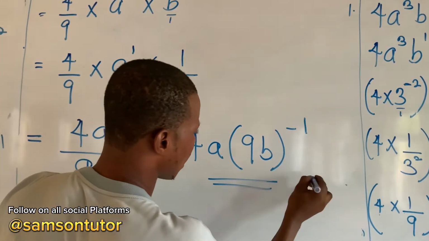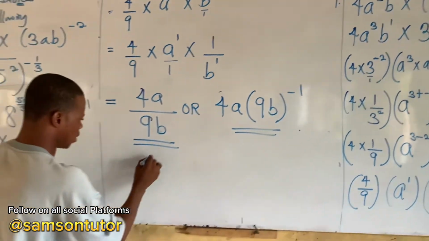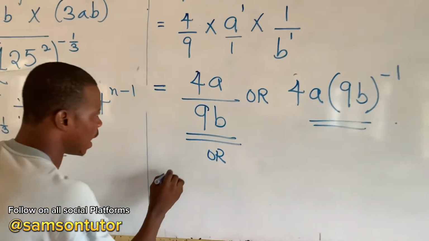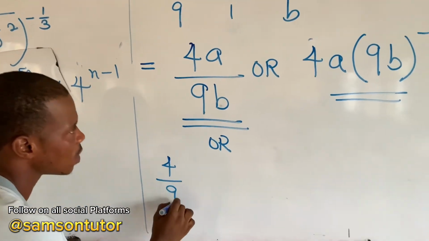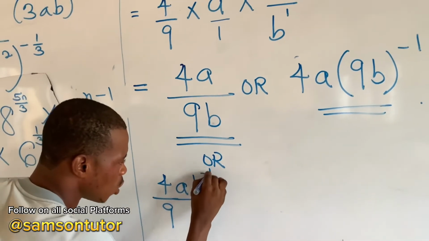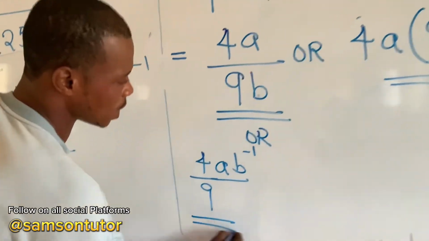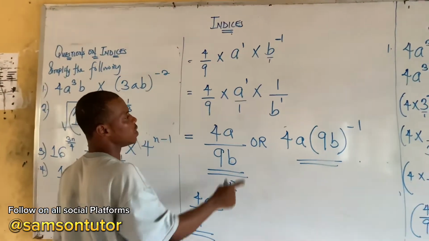So you can write the answer like this or like this. Or you can decide to write the answer like this also, by saying that since we have this, which implies 4 all over 9 a and we have b raised to power minus 1. So any way you want to write the answer, you can accept this, you can write this, and everything is being accepted.